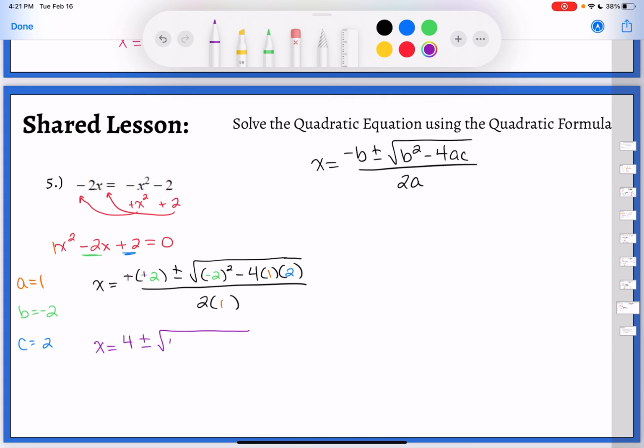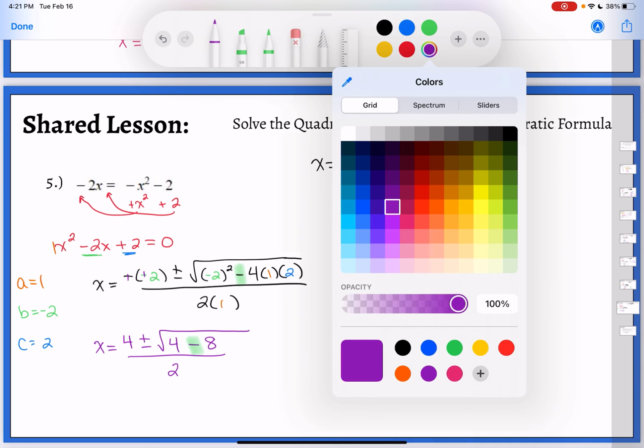Negative 2 squared again is positive 4. Let's see. Negative 4 times 1 times 2. So negative 4 times 2 is negative 8. Again, notice only one negative sign here, so my answer stays negative. Whole thing divided by 2.